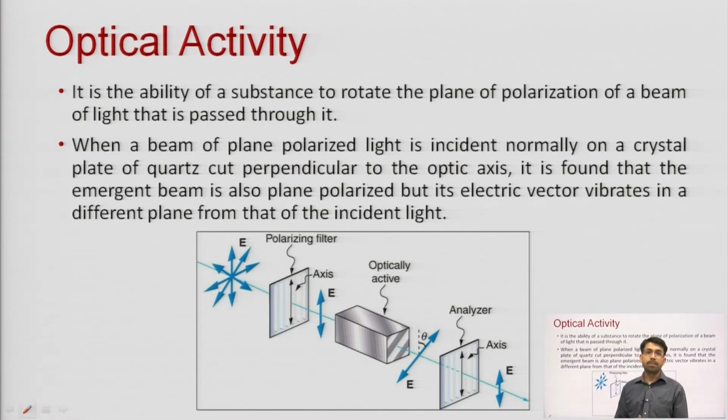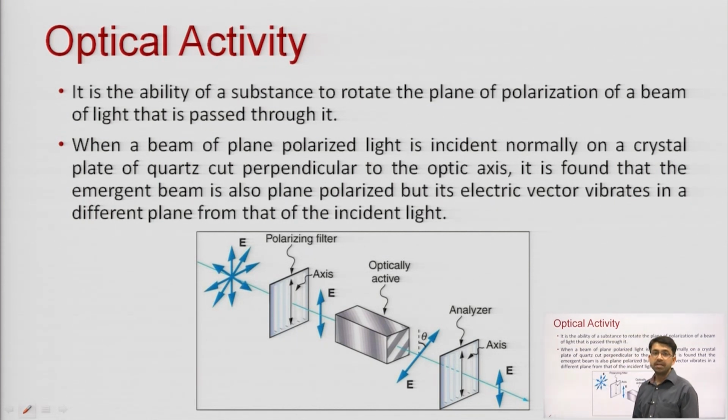So, what is optical activity? There are certain materials through which if we pass a plane polarized light ray, then the plane of polarization rotates by a certain angle. This property of certain materials of rotating the plane of polarization is called optical activity, and such materials are called optically active materials.